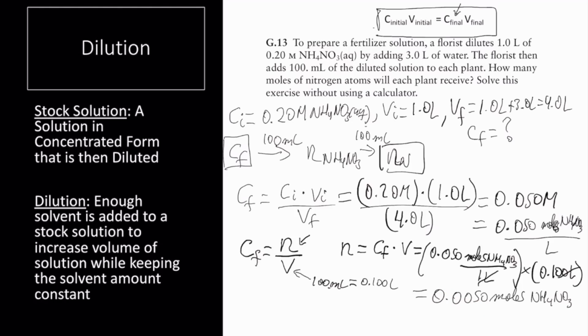Okay, so from the formula of ammonium nitrate, we have 2 nitrogen for every molecular formula of ammonium nitrate. So for 1 mole of ammonium nitrate, we have 2 moles of nitrogen. Okay, so that's the conversion factor that we will use.